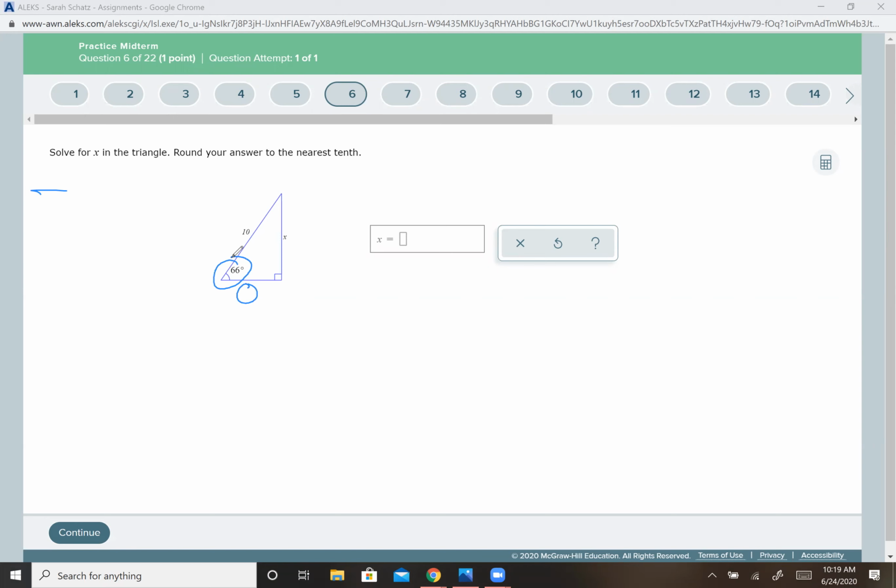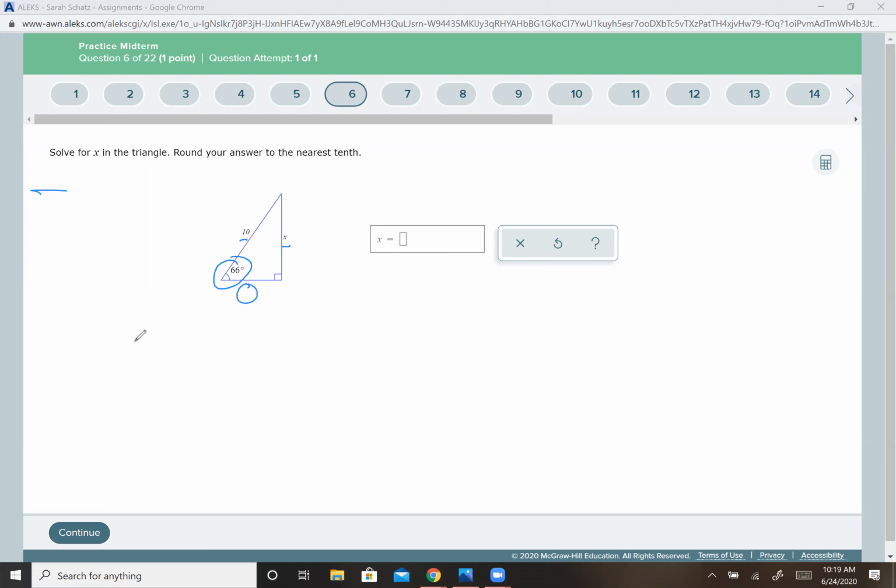There are multiple different ways to do this, but I think the fastest way would be to look at this angle we have, look at the sides we have and what we're looking for, and think about a trig ratio that fits the information given.